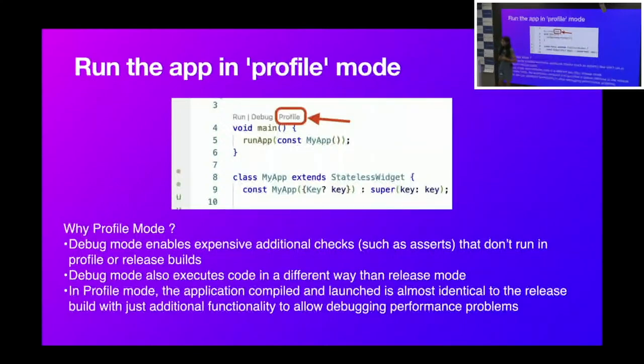In debug, it's just-in-time approach, whereas profile mode is a lot closer to the release mode, because it also uses AOT or ahead of time approach. So it's always recommended that you do it in profile mode. Here it's almost identical to the release mode, and there are very few additional checks that are there just to help the developer debug.